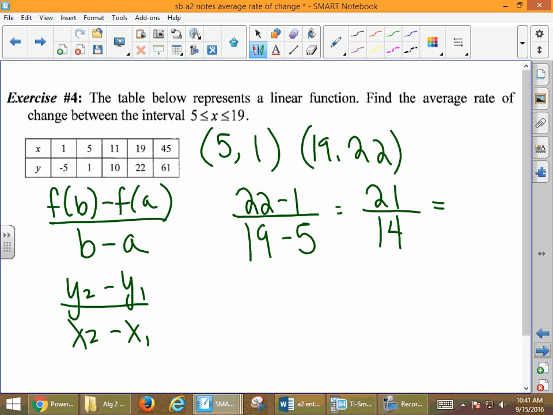And if we simplify that fraction, 7 goes into 21 3 times, and 7 goes into 14 twice. That's our average rate of change.